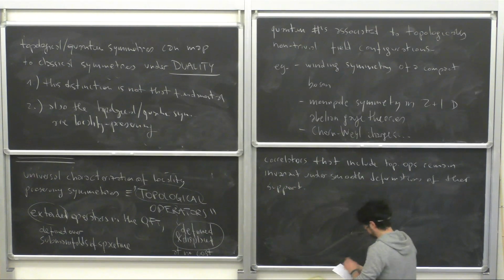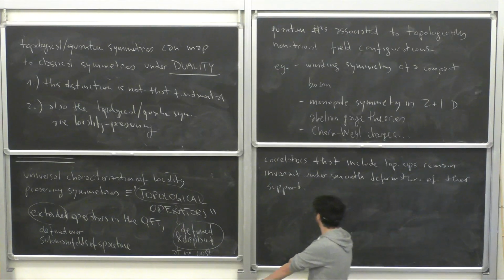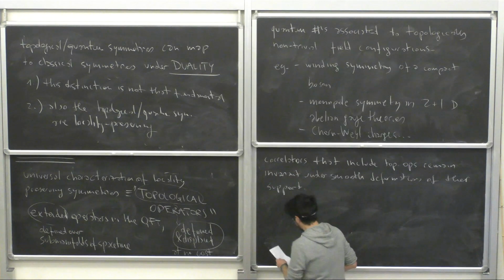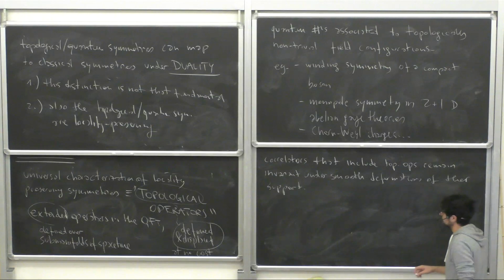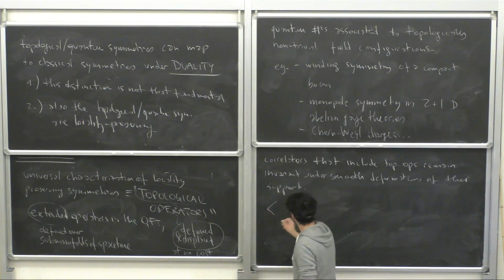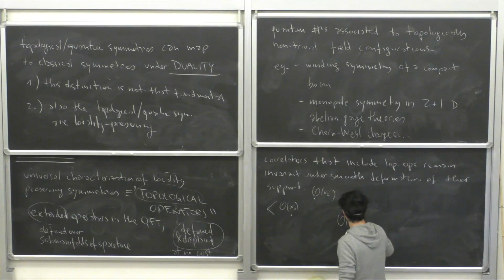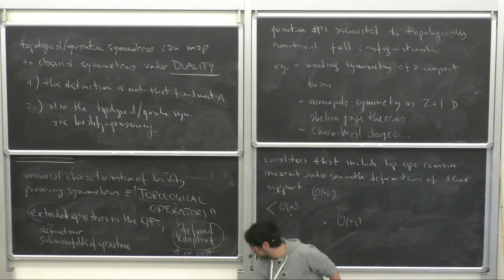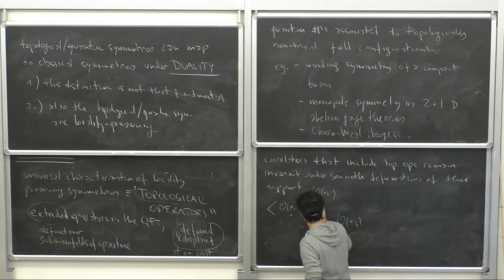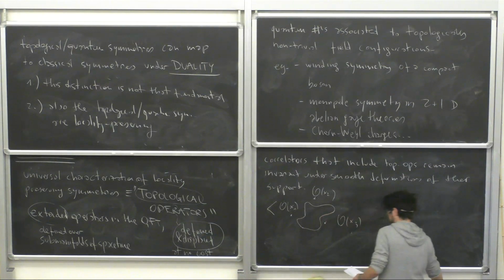This means you have your correlators, with your operators inserted at various points, and you have your topological defect, some sort of blob like this.